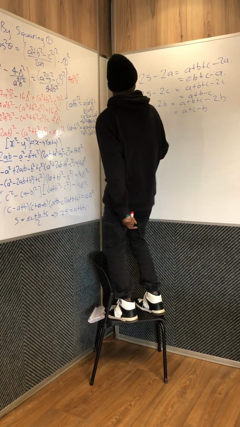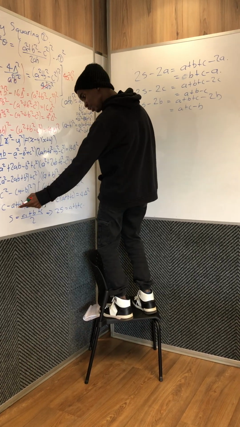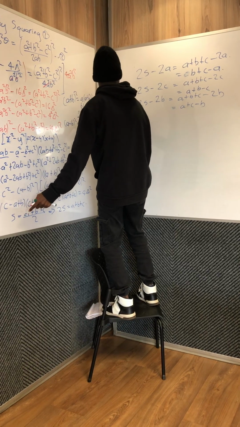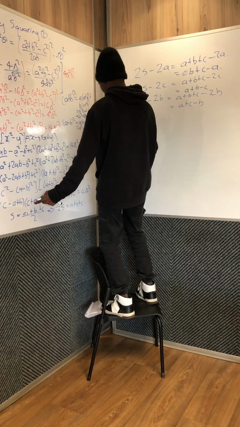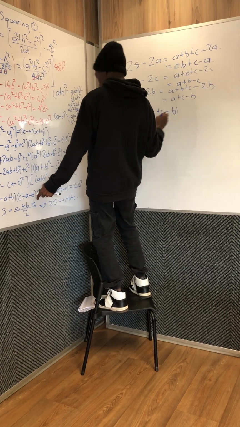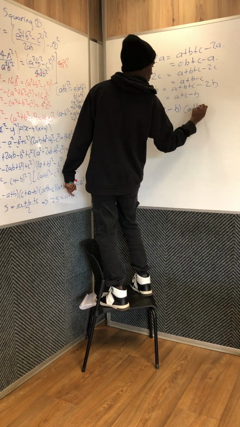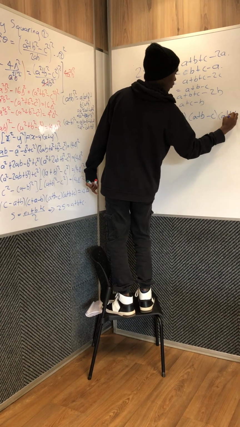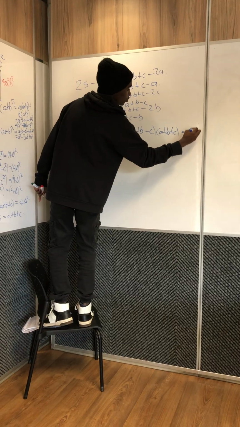Okay, let me rewrite everything over there. It's b plus c minus a, by a plus c minus b, by a plus b minus c, by a plus b plus c, equal to 4 delta squared.